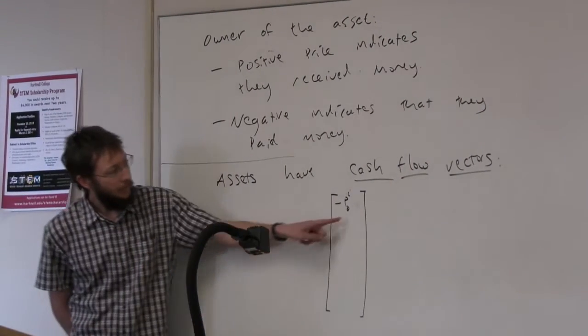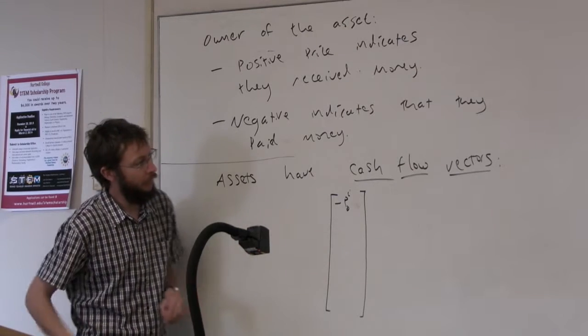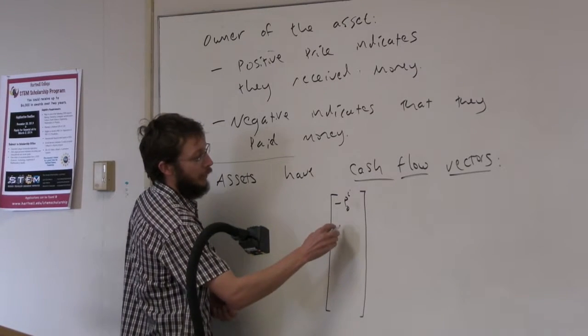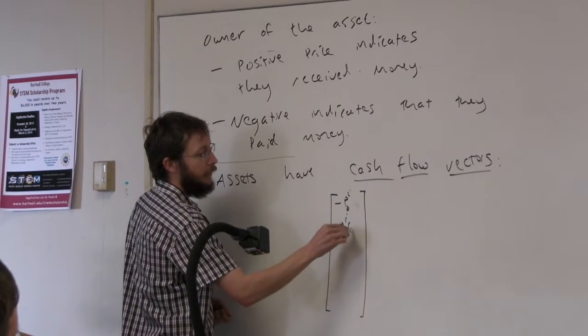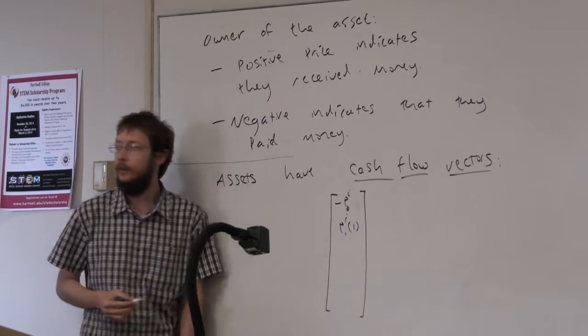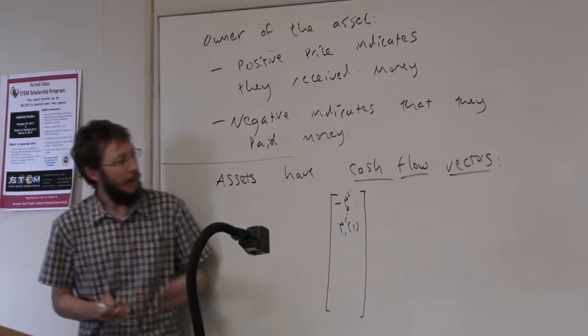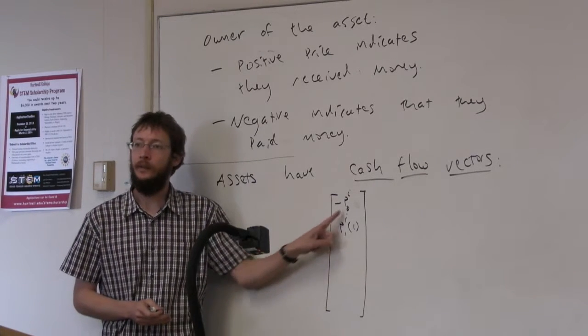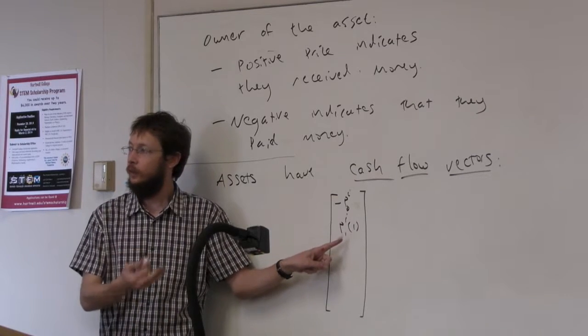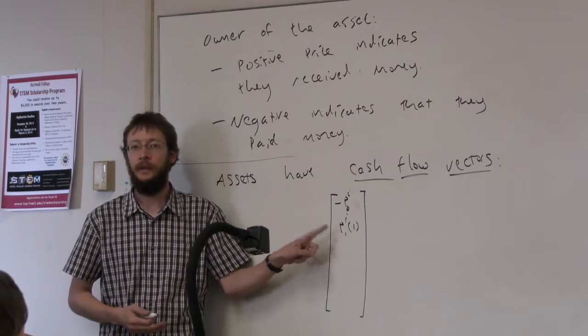And then the next items in this vector are going to be described with P1 I of state 1. So this is asset I at time 1 in state 1, and this is the amount that you either receive or give up at that time.